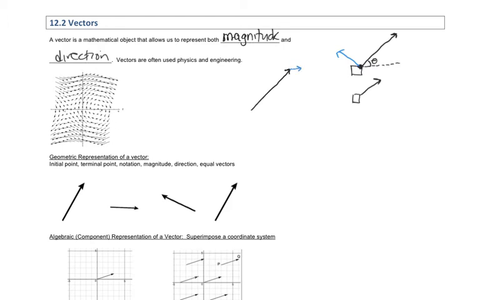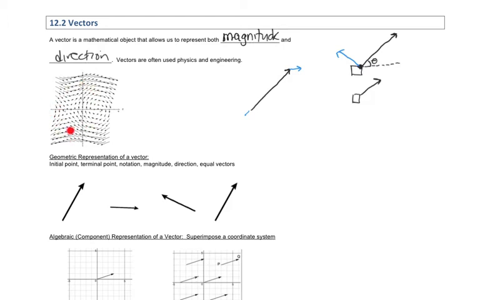Then the speed of that plane and the speed of the wind, we're going to represent by how long that vector is. So this one is much longer than this, velocity much greater than that. And so we are interested in knowing what direction the plane is going and how fast, those two things together.